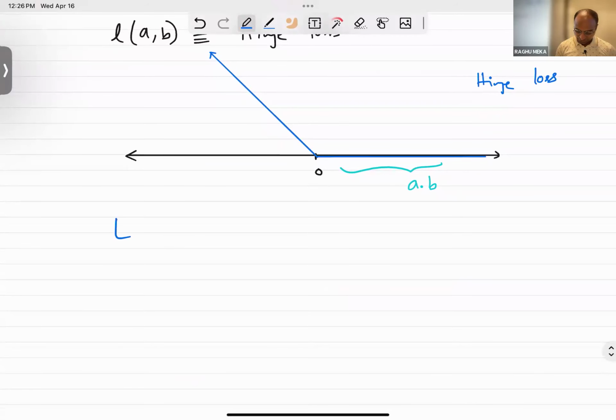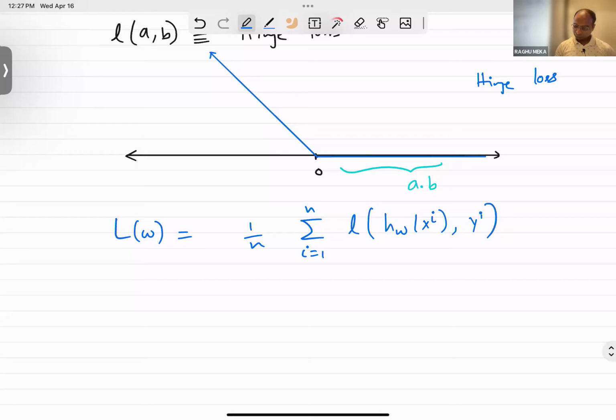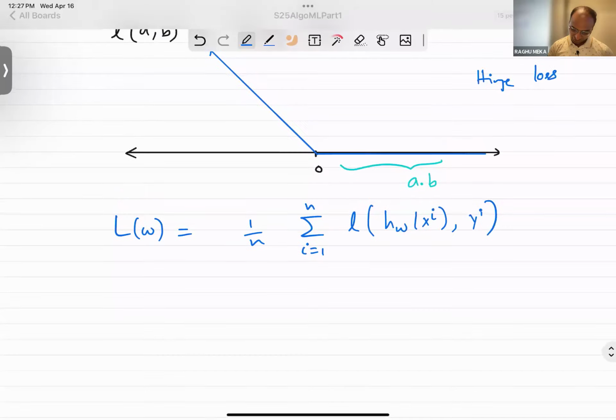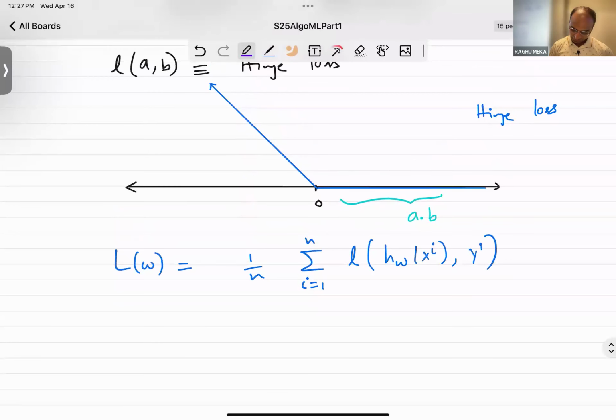So with these things, we can define the loss function as what would the empirical loss minimization problem be? Let's call this function phi for the hinge loss.